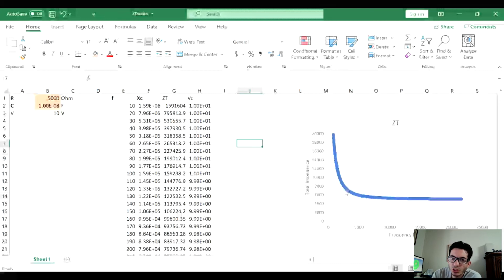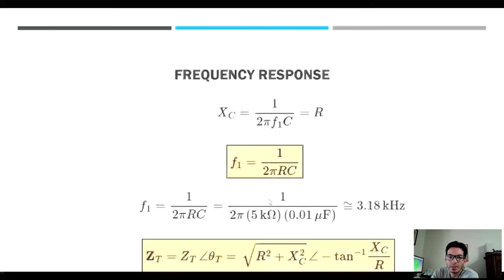The point where it shifts is called the resonant frequency. It is computed by comparing the reactance of the capacitor to the reactance of the resistor. If you set the reactance of the capacitor equal to the resistance, and find the frequency at which those values are the same, you find your resonant frequency.